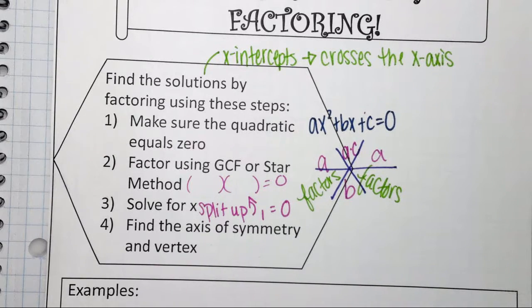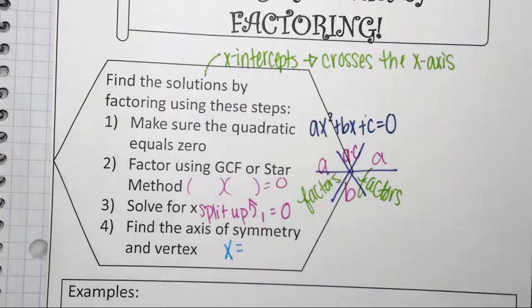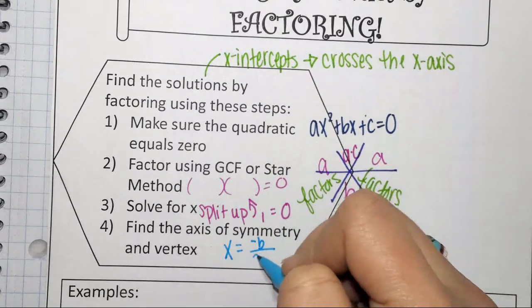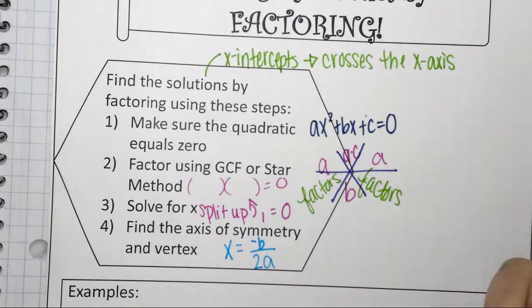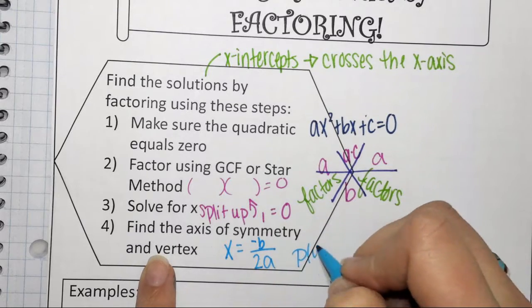How do we find the axis of symmetry? Good. Take a point. And then to find our vertex, plug in.